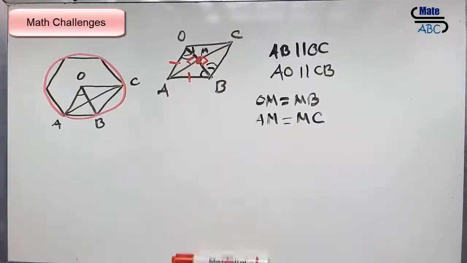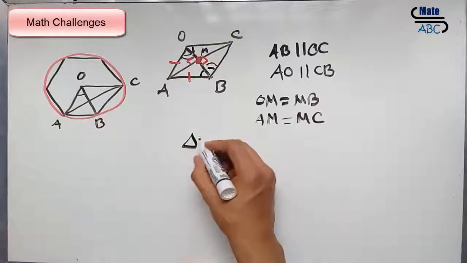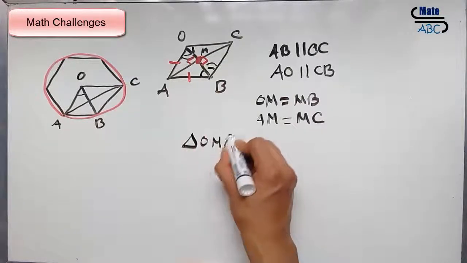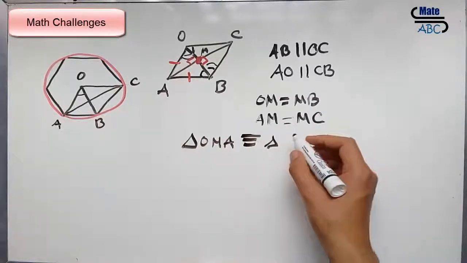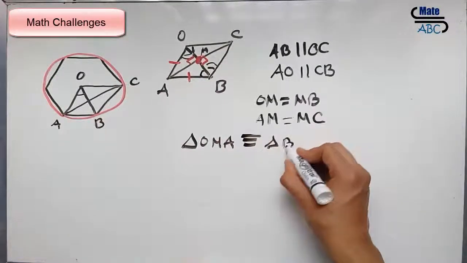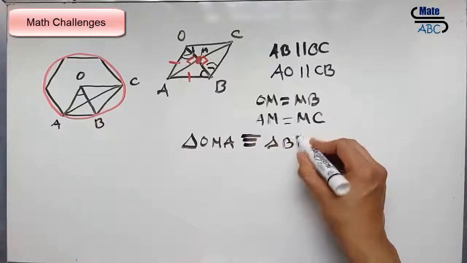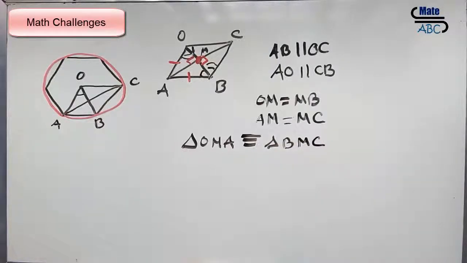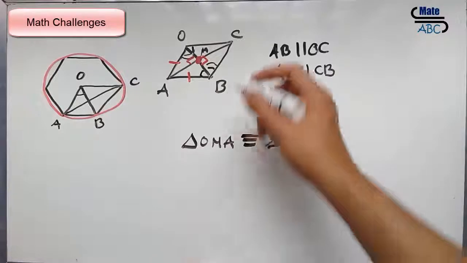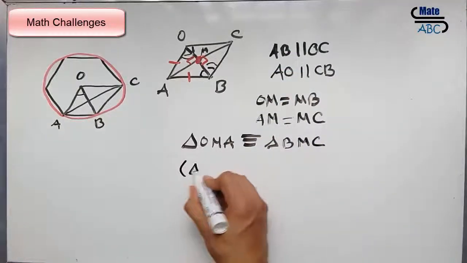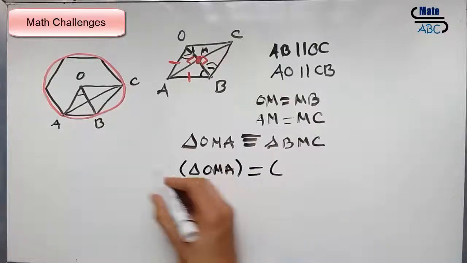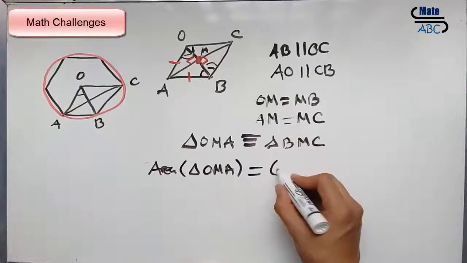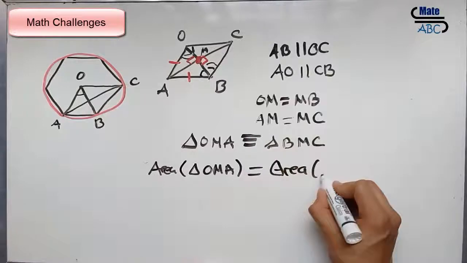So that means that the triangle OMA is congruent to the triangle BMC, and also means that the area of the triangle OMA equals the area of triangle BMC.